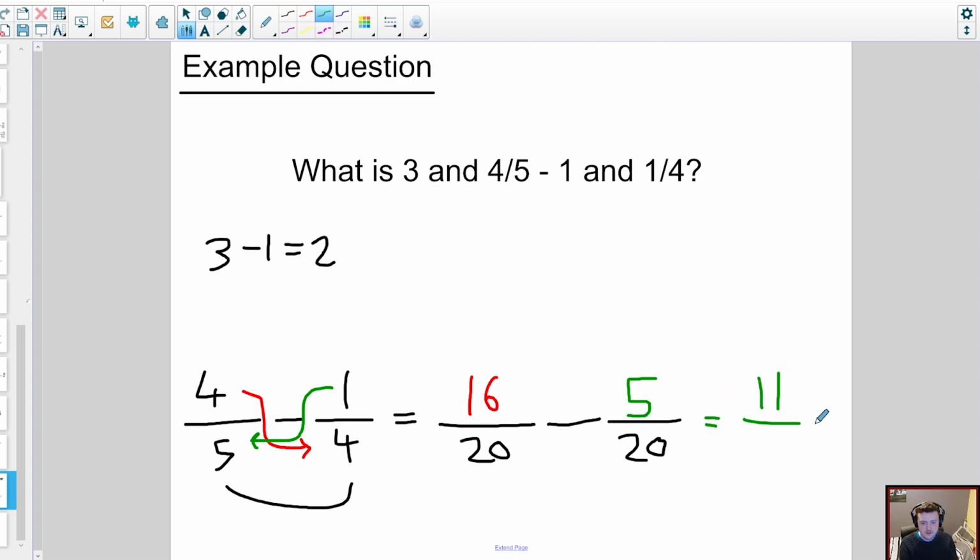So we've got 11 out of 20. Okay, we take that and we add it on to our 2. So we've got 2 and 11 out of 20, which is our answer for this question. We've dealt with our whole numbers. We've dealt with our fractions. Put them together. That's our answer.